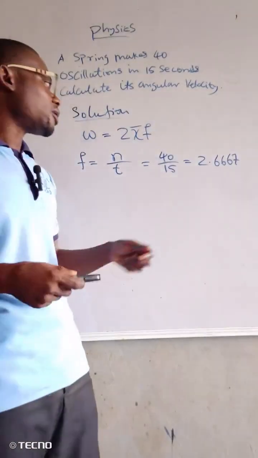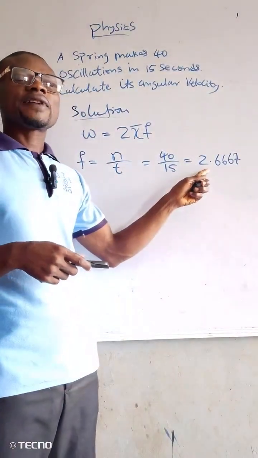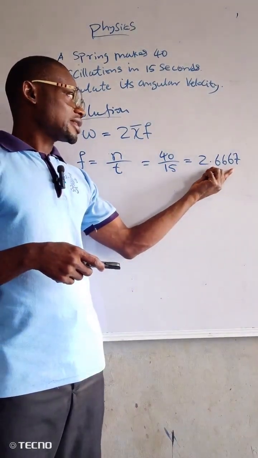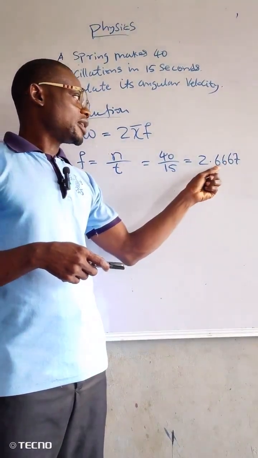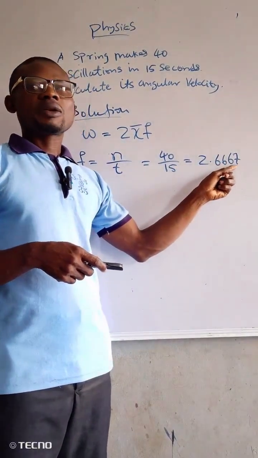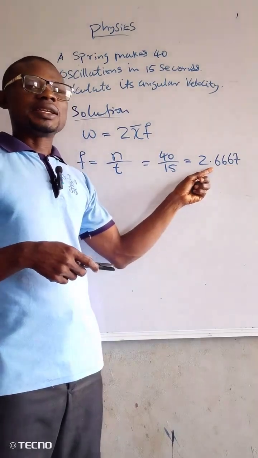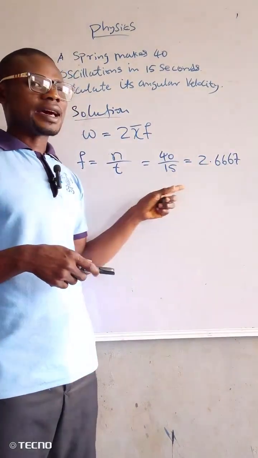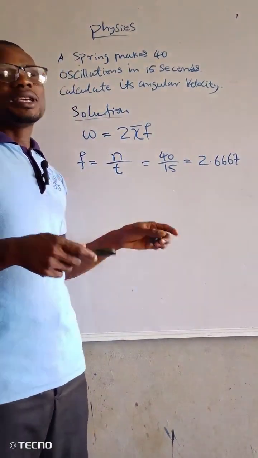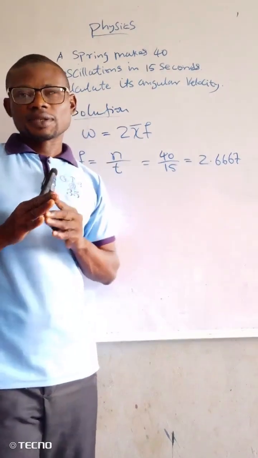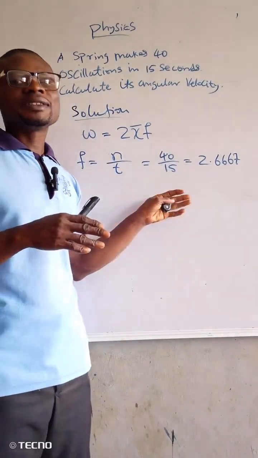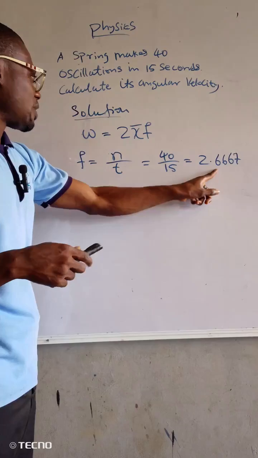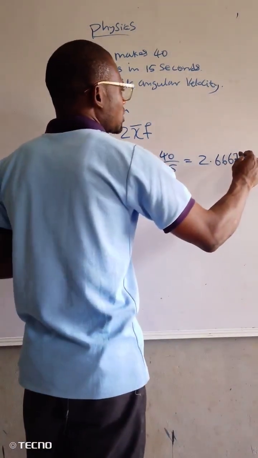It's better to leave your answer in 4 decimal places while you are still solving. When that number is a decimal number, then at your final answer you can approximate. This is a secret in physics; otherwise, you'll be having wrong answers. So I have this as my frequency, and frequency is measured in hertz.